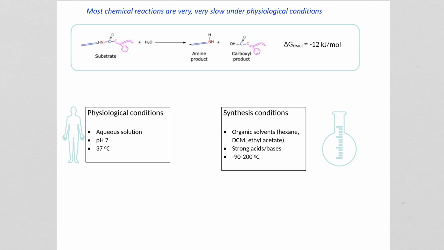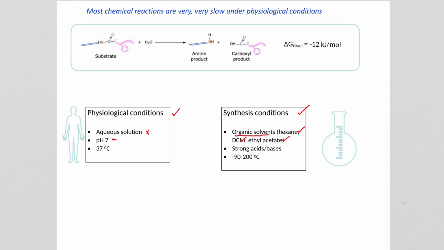In chemistry, we say water is a weak nucleophile. So compared to physiological conditions, where reactions take a long time to happen and are very difficult, organic chemists use conditions that are very different from physiological conditions. For example, instead of water, they use organic solvents such as hexane, dichloromethane, ethyl acetate, and so on.